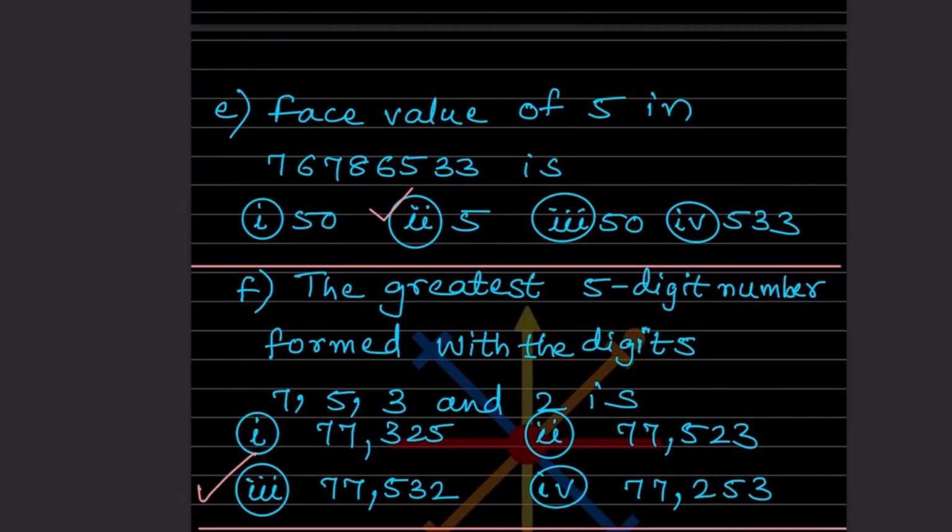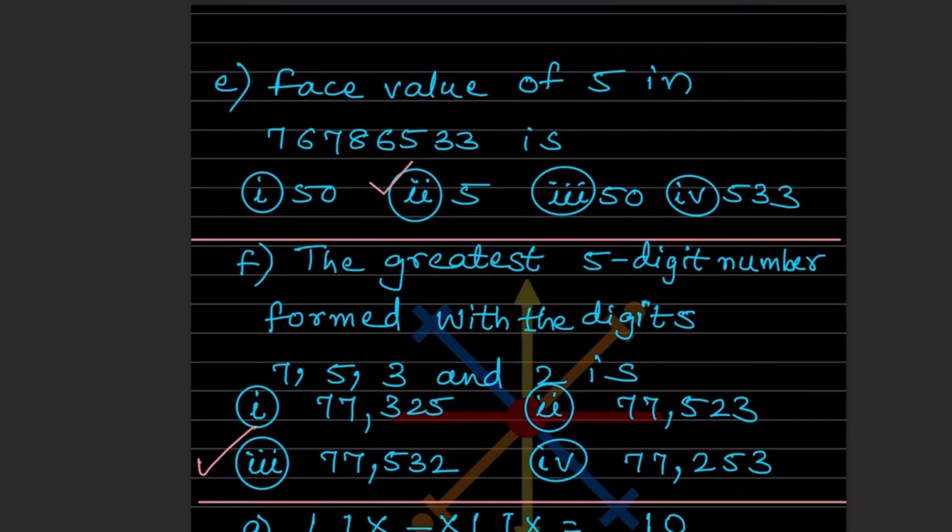That is the face value. Face value and place value, I have shown you in detail in the previous videos. So you can also see that if you are not aware how to find the face value and the place value. Again I repeat in short, the face value is the number itself.